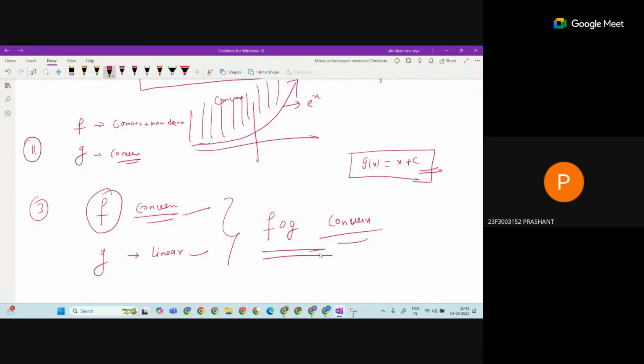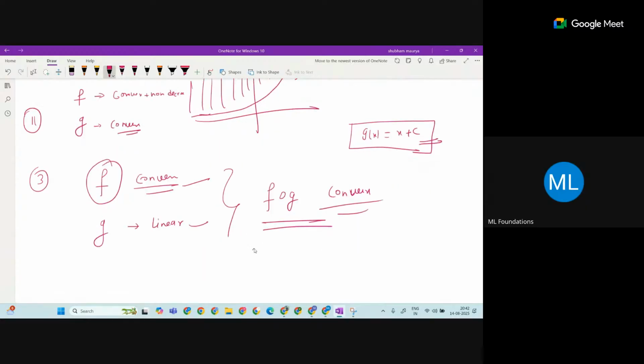This is in the case of g of f. In the case of f of g, the composition is going to be totally different, so we cannot say anything. It could be a linear type, but it is not going to be convex. So it is not giving the condition.